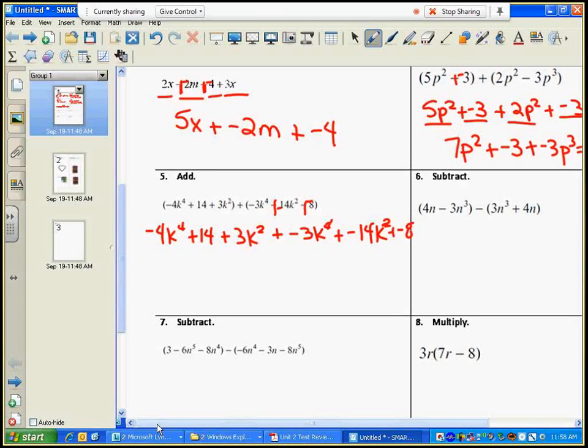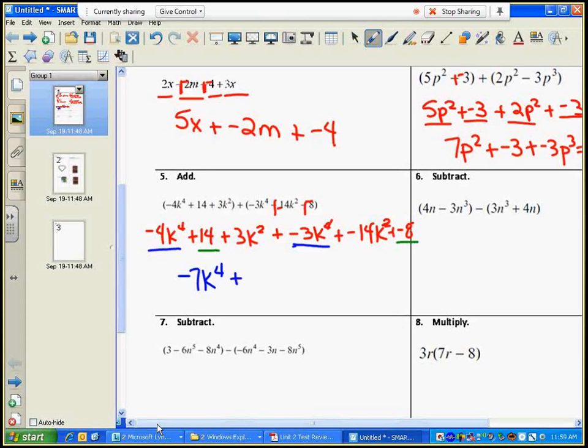Only combine terms that are alike: same variable raised to the same exponent. So I have a k to the 4th term, and I have another k to the 4th term. I'm going to write that as negative 4, negative 3 is negative 7, negative 7k to the 4th, plus 14 and I have a negative 8.